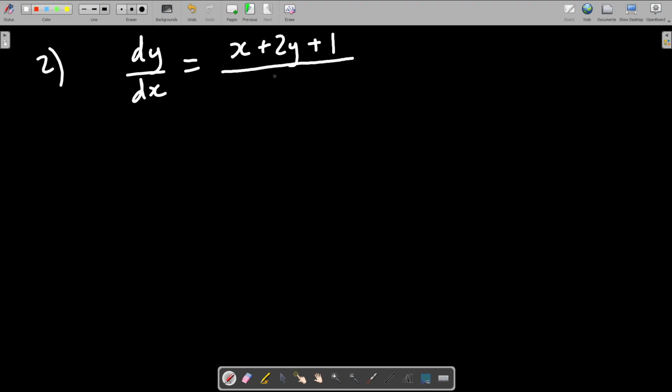Okay, so let us consider this problem. Second example here: dy by dx is equal to (x plus 2y plus 1) upon (2x plus 4y minus 1).